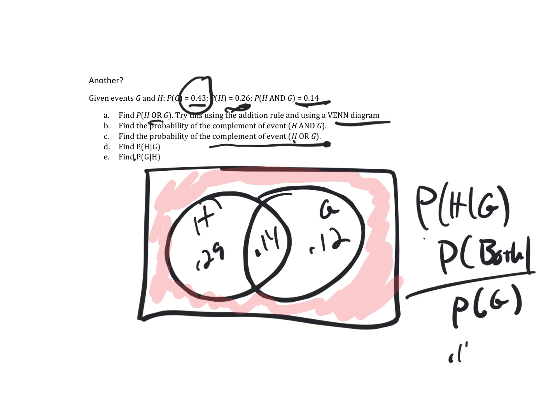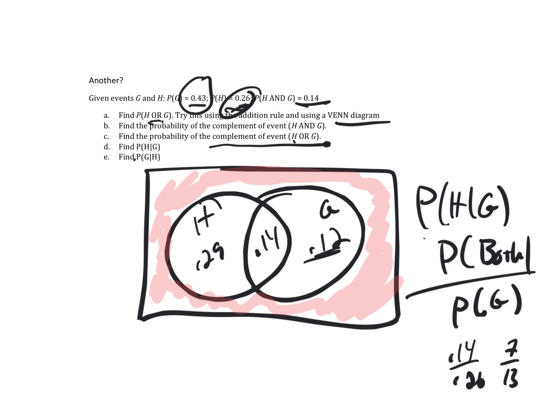So 0.14 divided by 0.26, the total of all of G. That's 7 over 13. I don't have a calculator right here, but 7 divided by 13 would be the answer.